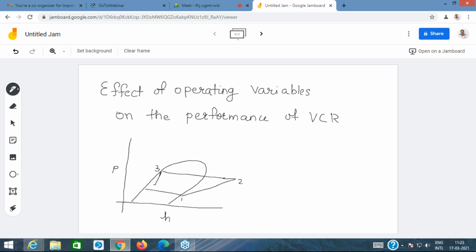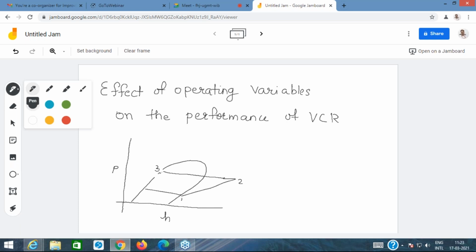It's a vertical line on the diagram. It is a vertical process on the diagram. Let me just try to work out. I'm trying to draw a vertical here.